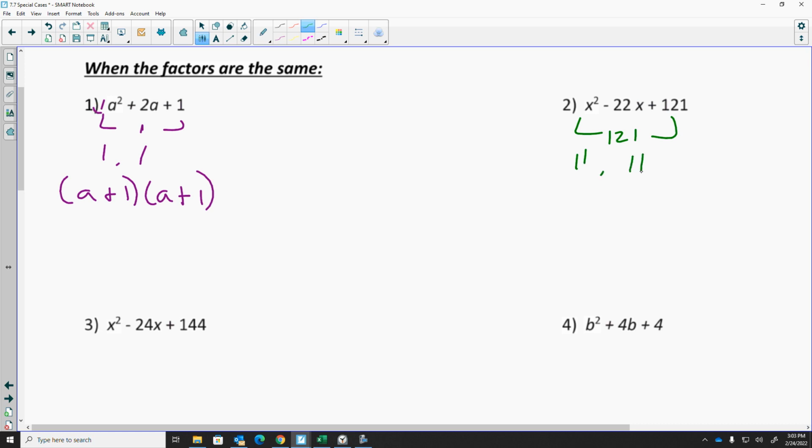What's 11 plus 11? 22. But hold up. Is that what we need? We need negative 22. So make both of them negative. Because a negative times a negative is a positive. And negative 11 plus negative 11 is negative 22. So then it is x minus 11 and x minus 11. And that's it.